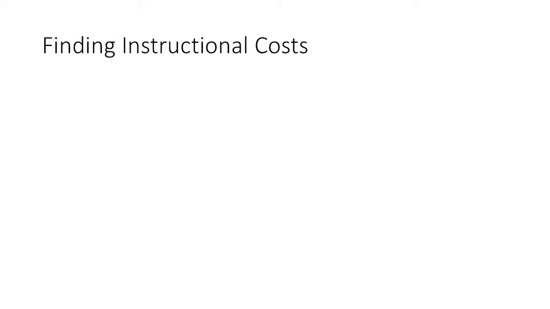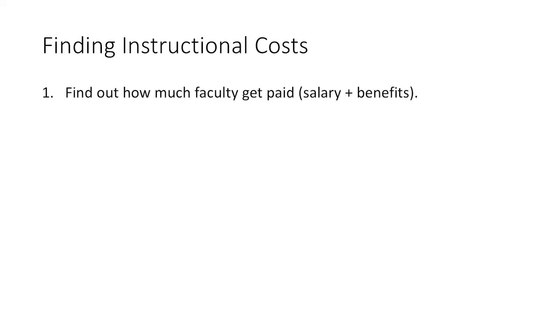Now, we'll go into some detail on how we find instructional costs. And just like in the first lecture for the fourth module, when I talked about specific measures of productivity, we're going to talk about specific ways of calculating direct instructional cost. There are 4 parts to this. The first thing you do is find out how much faculty get paid.